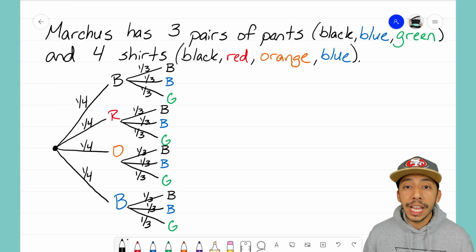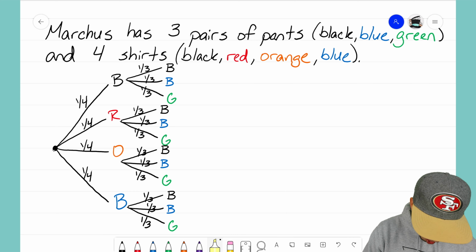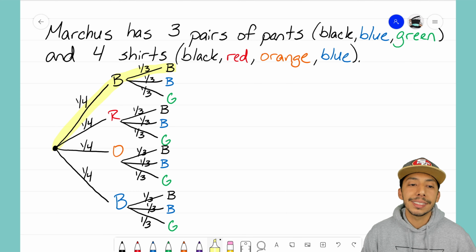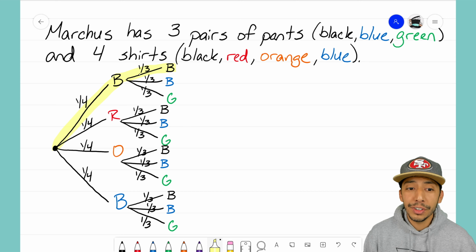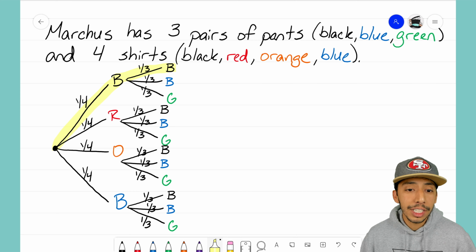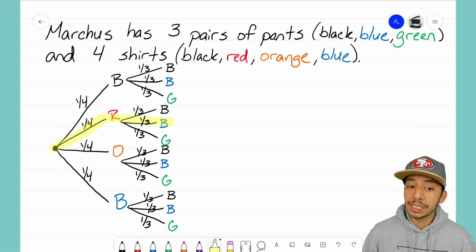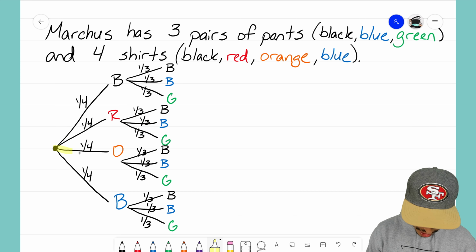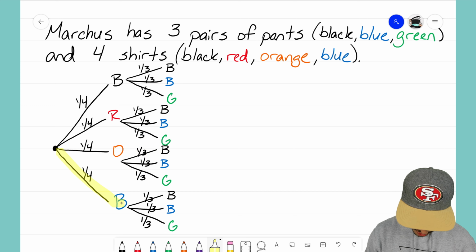The last thing to do now is to show all the different possibilities. Notice that I can represent that by saying Marcus chooses a black shirt and a black pair of pants. I'm crossing that 1/4 and that 1/3. I need to take those two fractions and multiply them. But notice that as I move across any of the possible outcomes for any shirt combination here, it's always going to be 1/4 times 1/3.